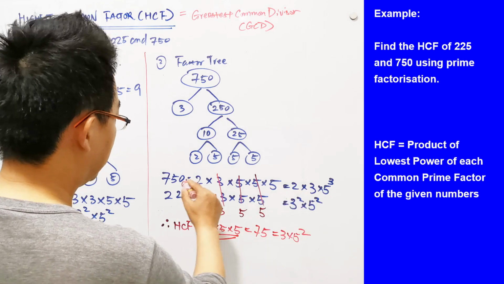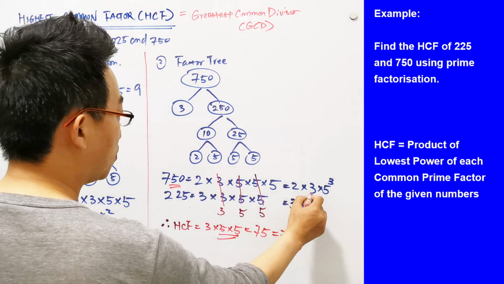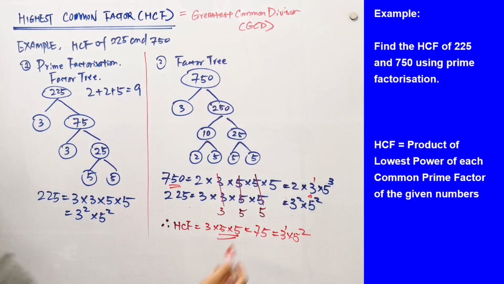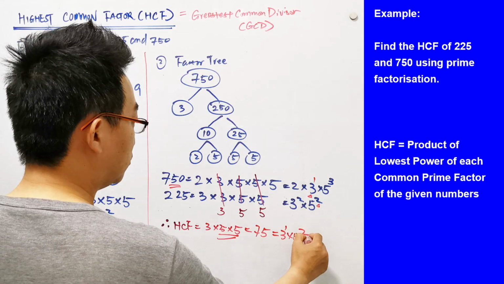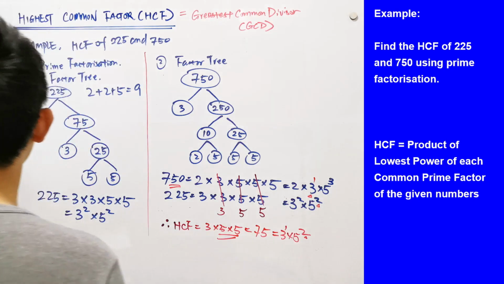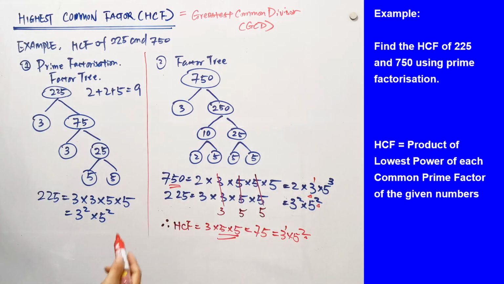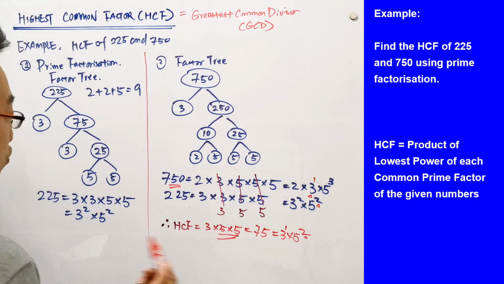For instance, for the 3, the lowest power is 1, right? And for this 5, the lowest power is 2. It's 2 here, right? So it's the lowest power of each common prime factor, which is 3 and 5, of the given two numbers.